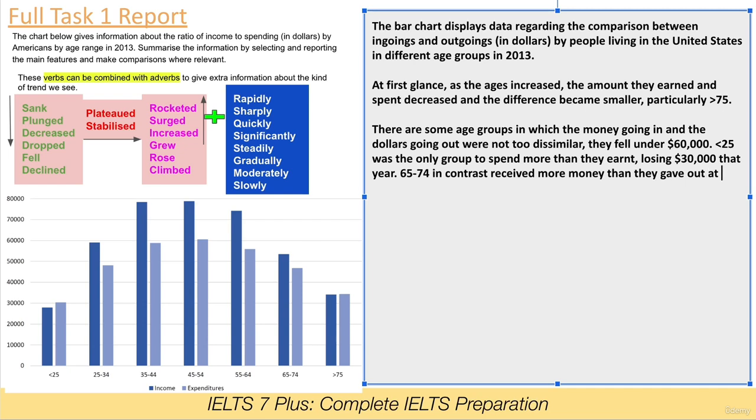Oh, so we have increments of 10,000. So this is probably 53,000 here. And let's talk about the over 75s, they are almost identical.